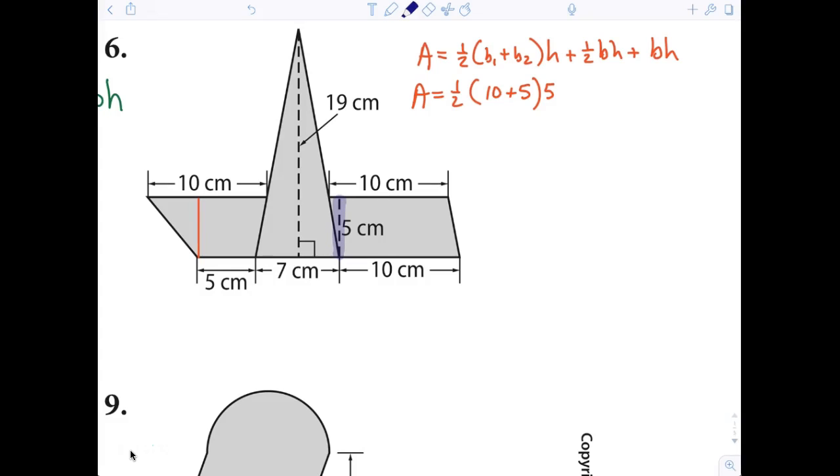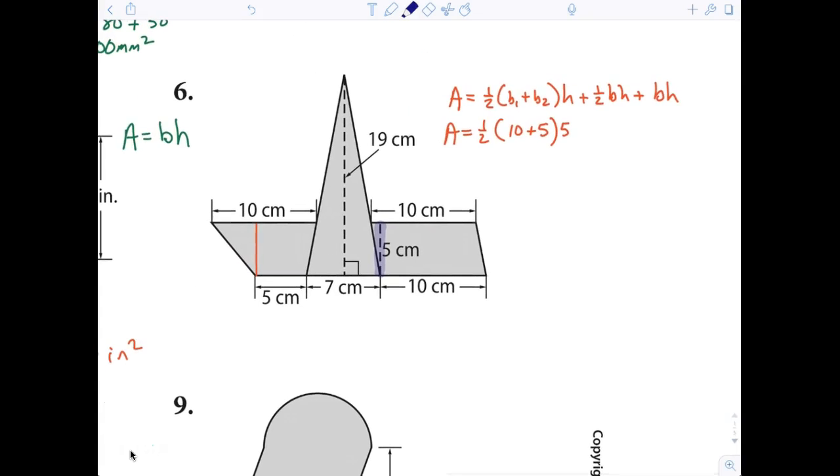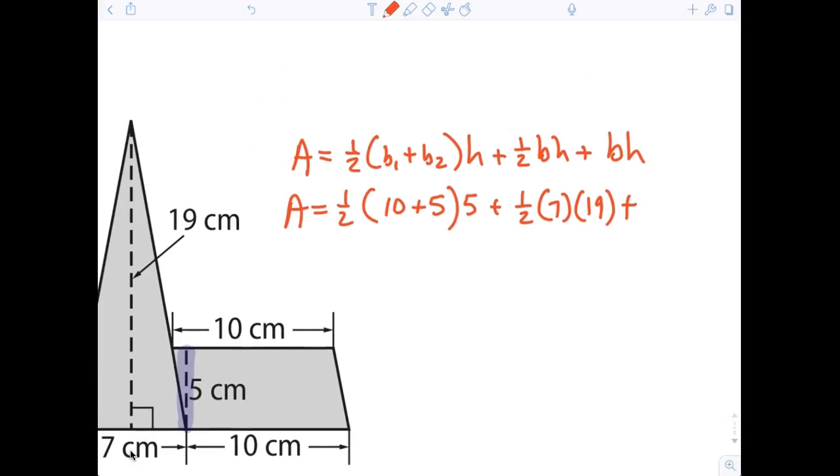It's kind of tricky. Now, what is the base and height of the triangle? 7 and 19, good. And the base and height of the parallelogram? 10 and 5, good. All right, now area is equal to, multiply that out real quick, please. Hurry up.